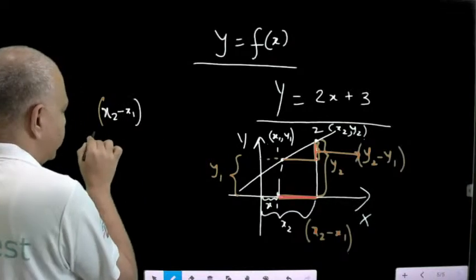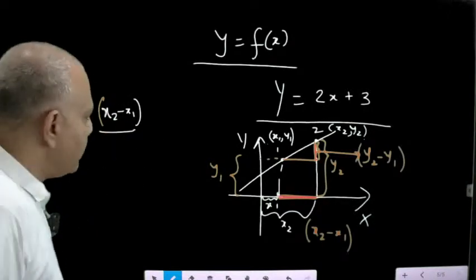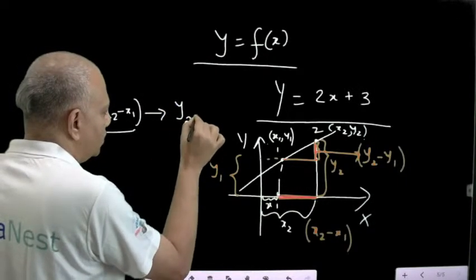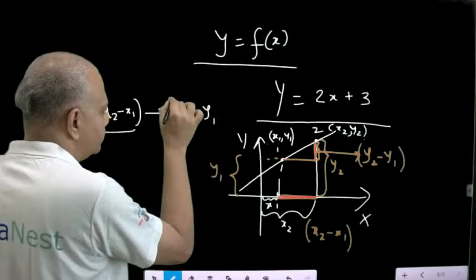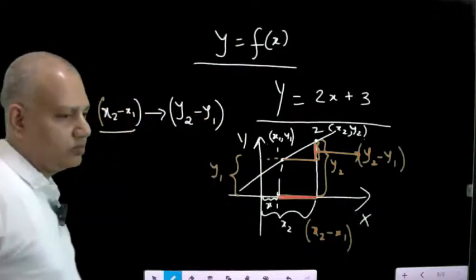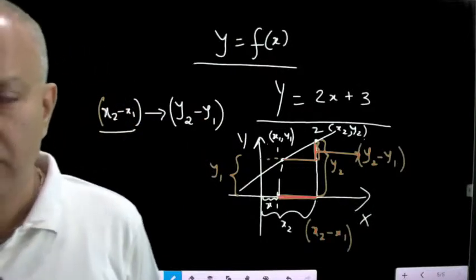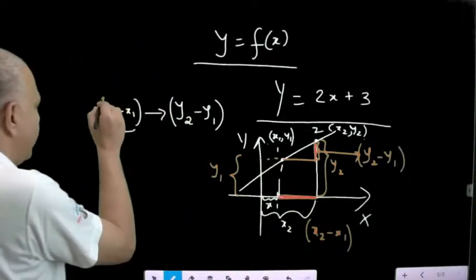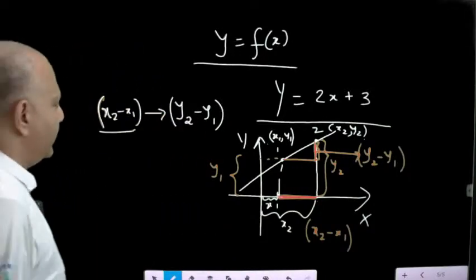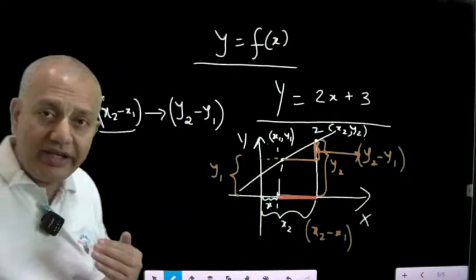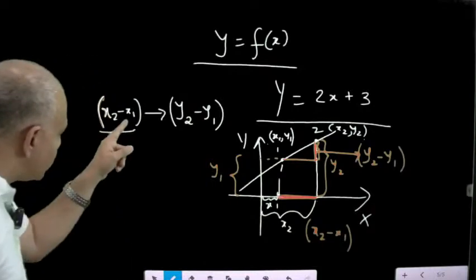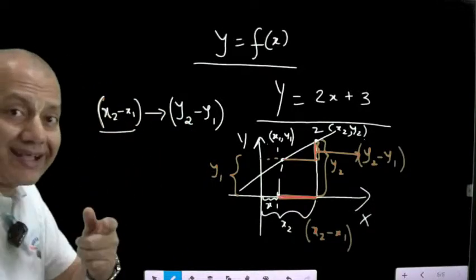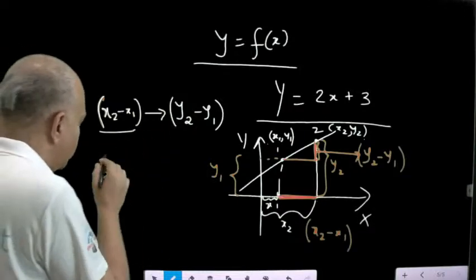This is the change of x, and due to this change of x, I have a change of y, y2 minus y1. So if I want to find the rate, for the change of this much of x there is a change of this much of y. So for a unit change of x, what should be the change of y?